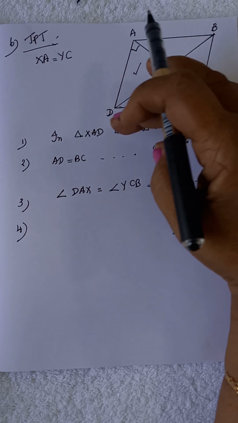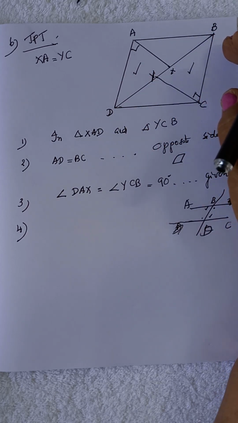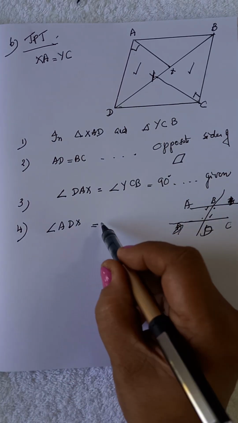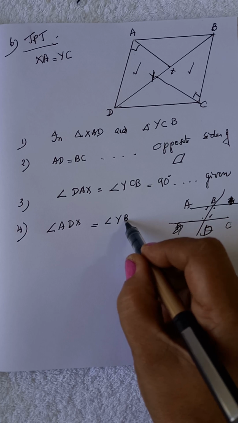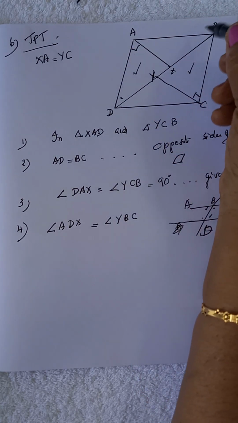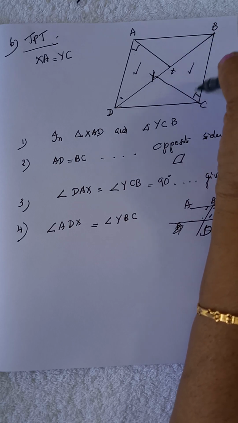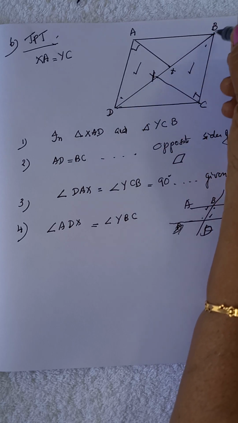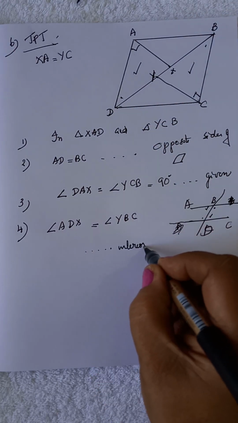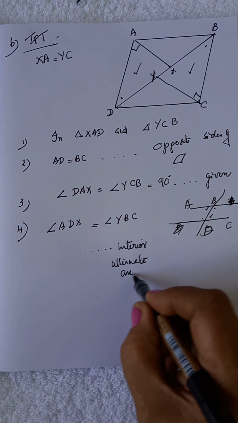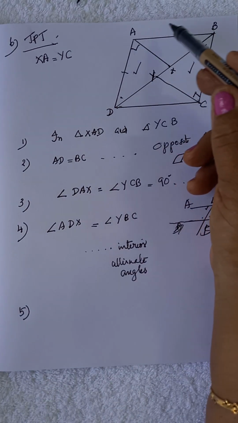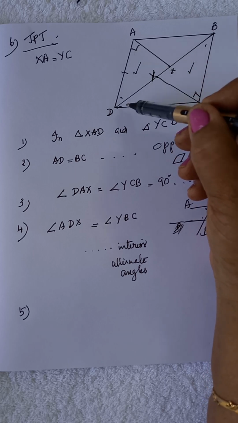So we can say that angle ADX is equal to angle YBC. ADX is this angle and YBC means this angle. This is transversal, these two are interior alternate angles. So we can write this as reason is interior alternate angles. Now the fifth point here, AD, this side we got, then angle DAX, this angle, then ADX, this angle we got.